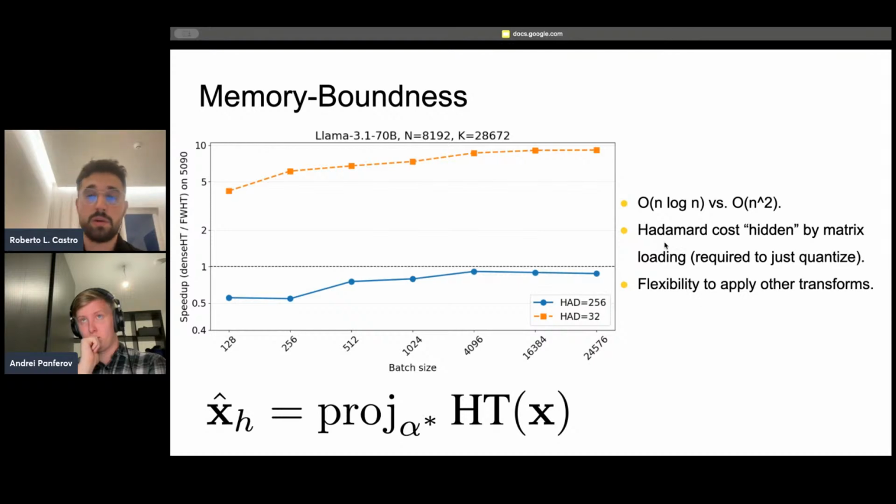It also means that the Hadamard transformation can be hidden in some sense by this matrix loading, and we already have to load these matrices because we have to quantize them. Since this is a memory bound problem, we don't necessarily have to apply a Hadamard transformation; any kind of transformation can actually be applied here if we want.